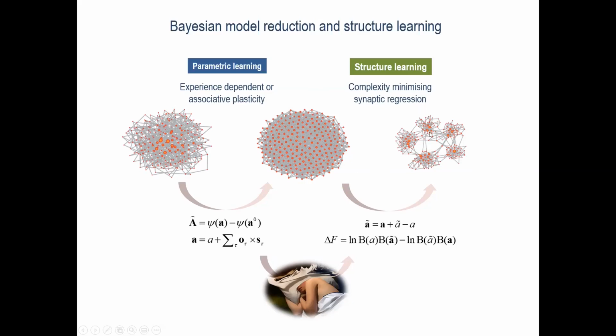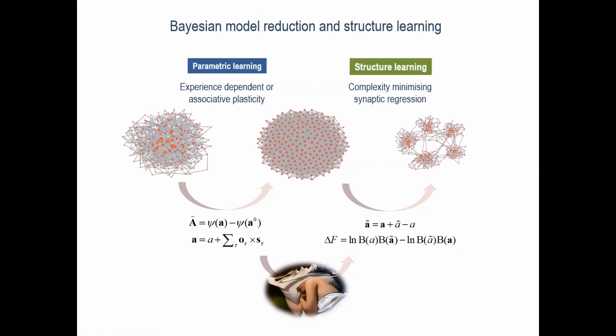And if the complexity goes down by removing or regressing a synapse, then we lose it, but if it doesn't, and usually with larger synapses, we will keep that synapse, so that we've now got a much simpler, more parsimonious, less overfitted model of yesterday's experience that we can then take into tomorrow's exposure.